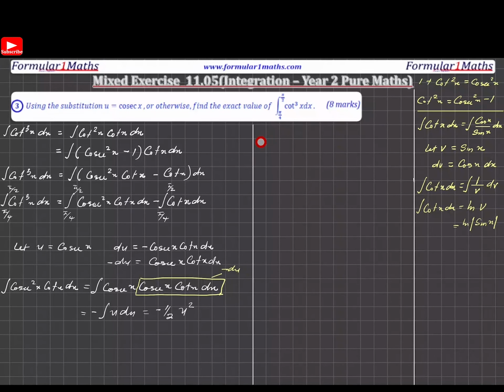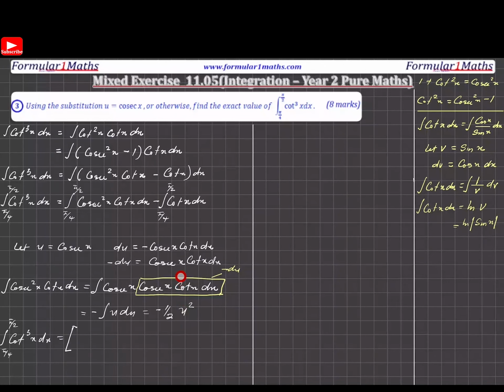I can now do my integration of cot cube x dx between the given limits as follows. The integral of cot cube x dx between the limits of pi over 4 and pi over 2 will be equal to the integration of cot squared x cot x dx, which we got to be minus half u squared, where u is cosec x.